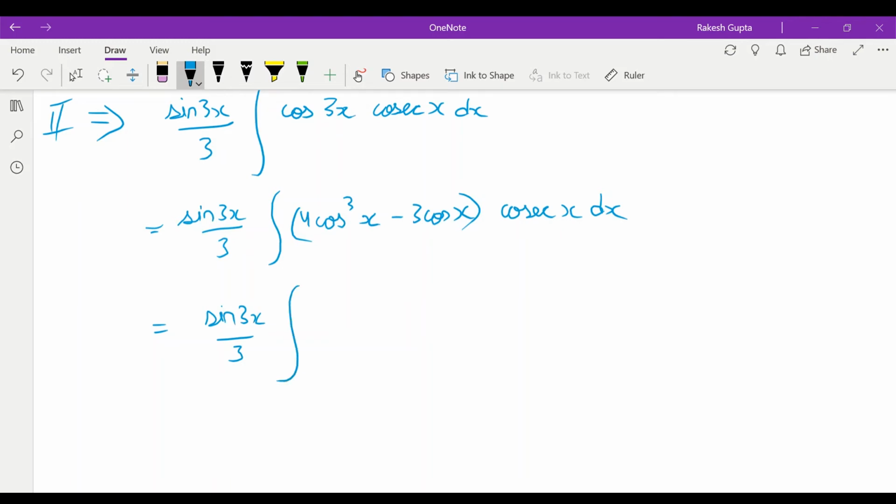Now I just open up the brackets, and I'm writing cosecant x as 1 by sin x.